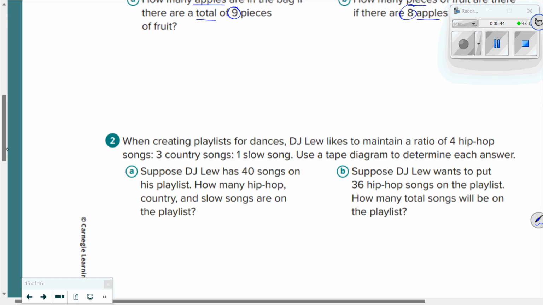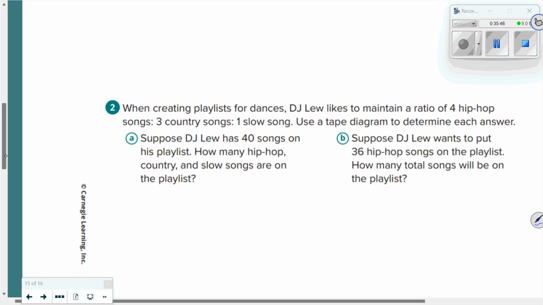Number 3, they've given us a ratio for hip hop, 3 country, 1 slow song. Use a tape diagram. Give us an option on this. No. So here's why I feel bad. We would actually have one tape diagram example.